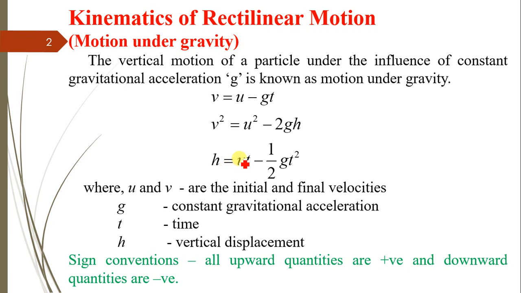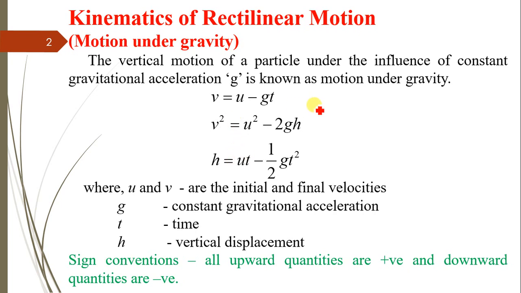Now in those three kinematic equations, the acceleration a gets replaced by g, that is acceleration due to gravity, and the displacement s in the horizontal plane will be replaced by the vertical displacement, the height h.